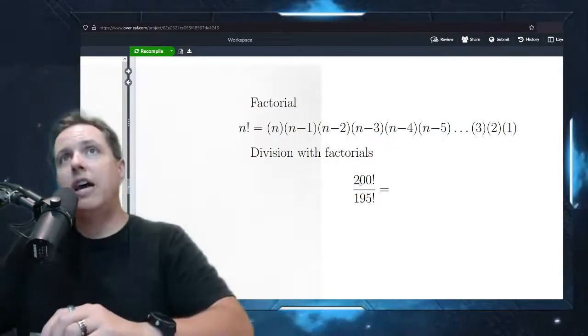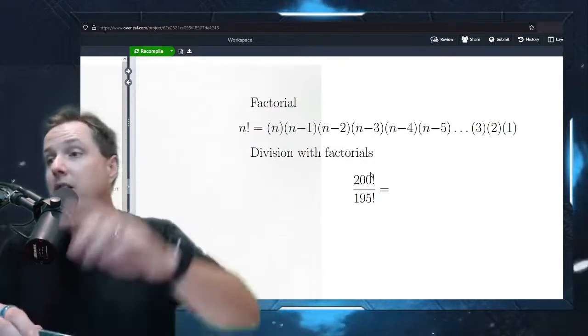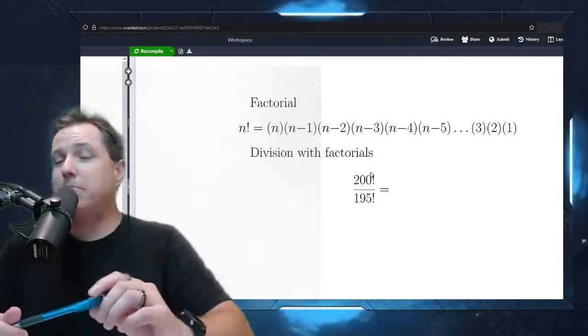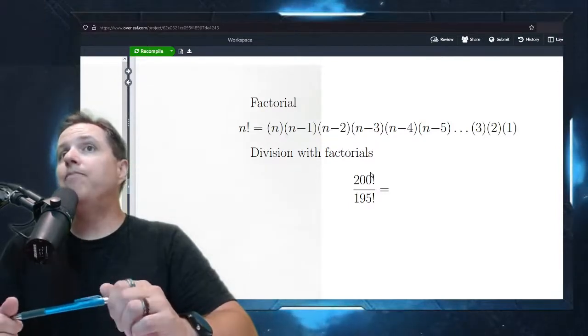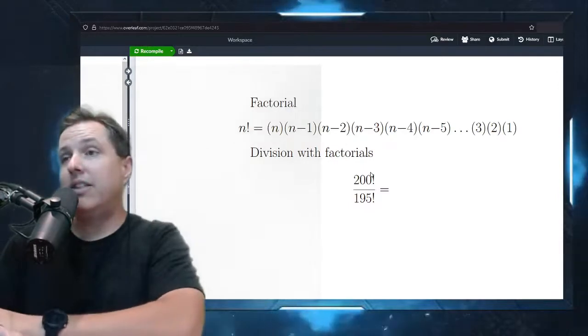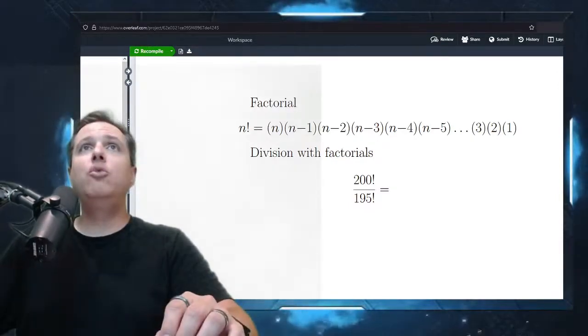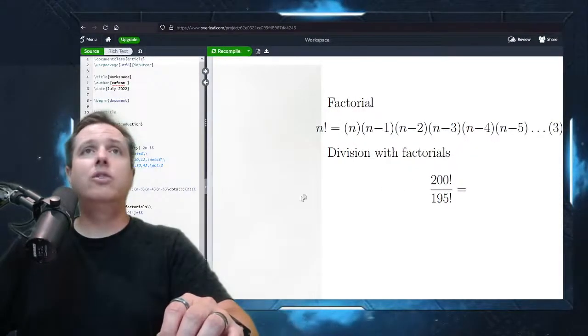So when you tell the calculator to do 200 factorial, it tries to calculate that number, which, as we saw from Blitzer, is a massive, massive number, and it's going to run out of memory before it can even get there, right? But you can do some algebra, which is a little bit more clever, if you're trying to do something like this.